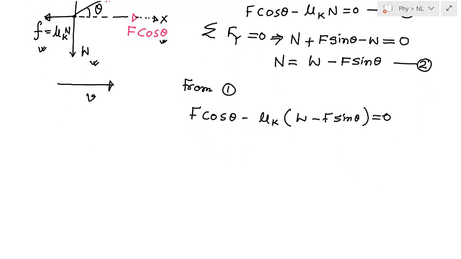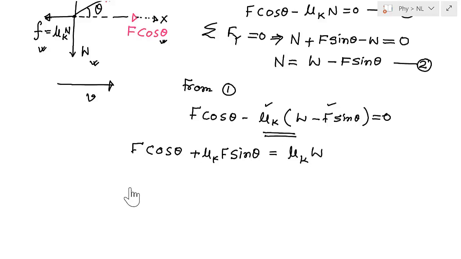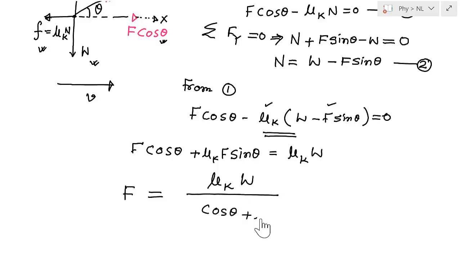So from here you can calculate this force F. I can write F cos theta plus mu k F sin theta equals, this goes to this side, mu k times W. So F equals mu k times W divided by cos theta plus mu k sin theta.